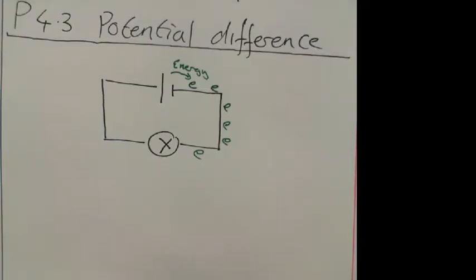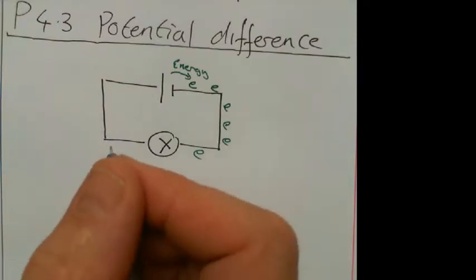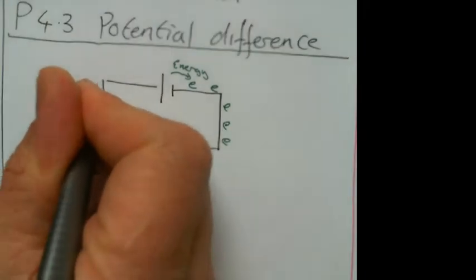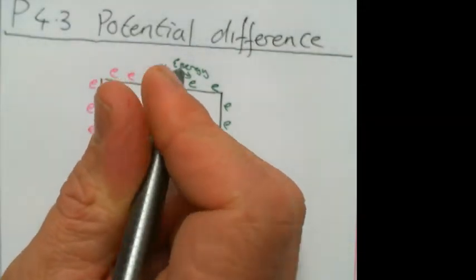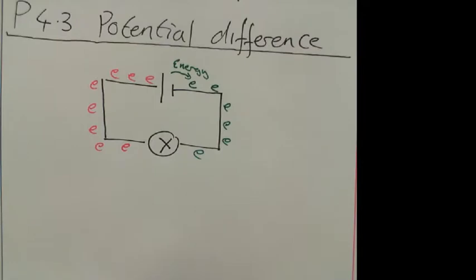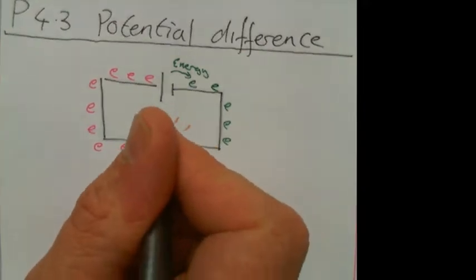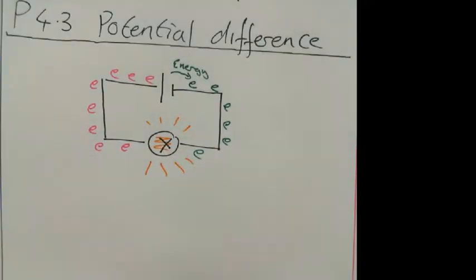And the component's really hard to get over. So once it's gone through the bulb, it doesn't have as much energy anymore. And then it goes back to the cell. Where does that energy go? Well, that energy gets given out as light and heat from the bulb.